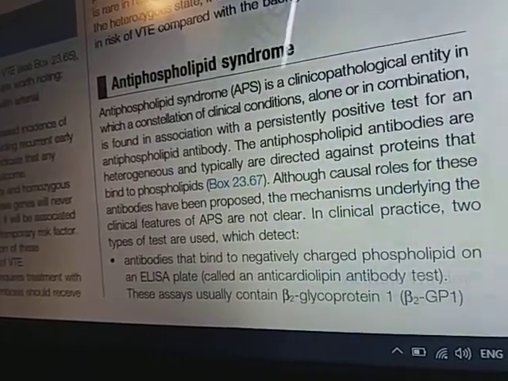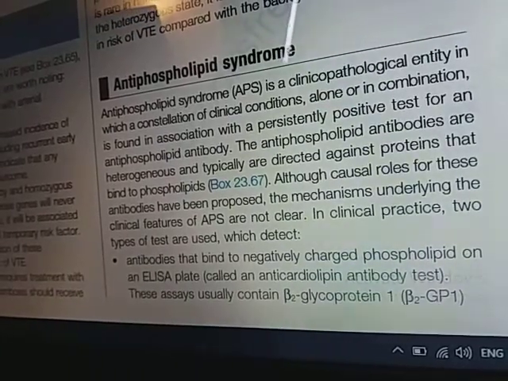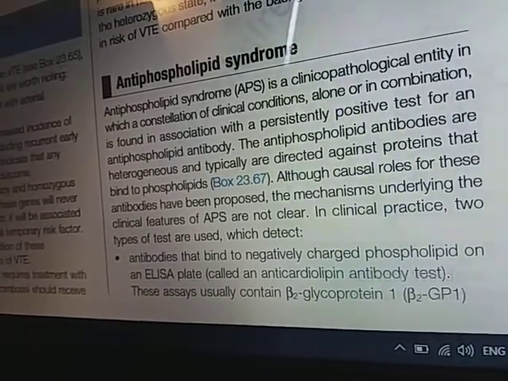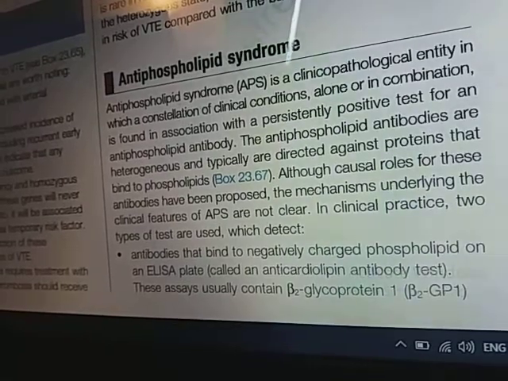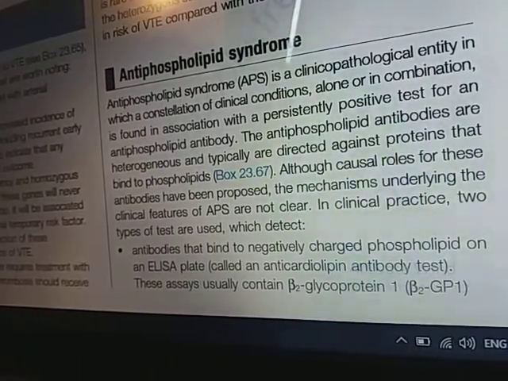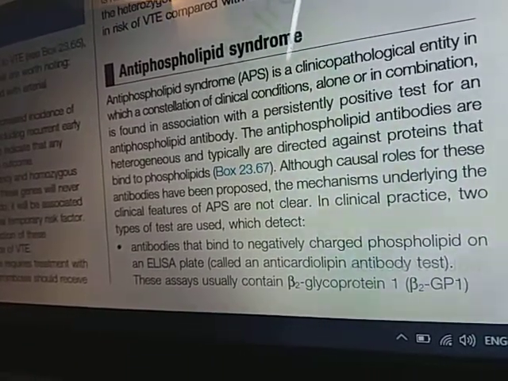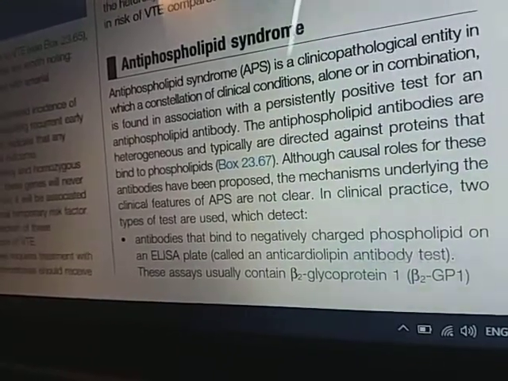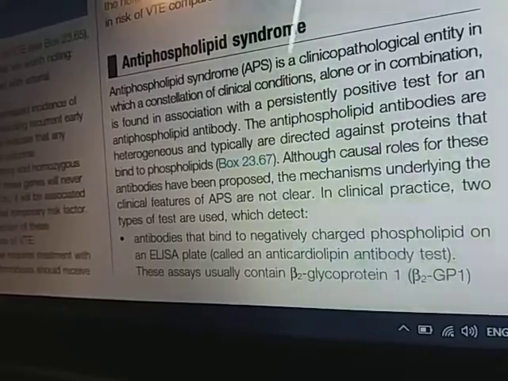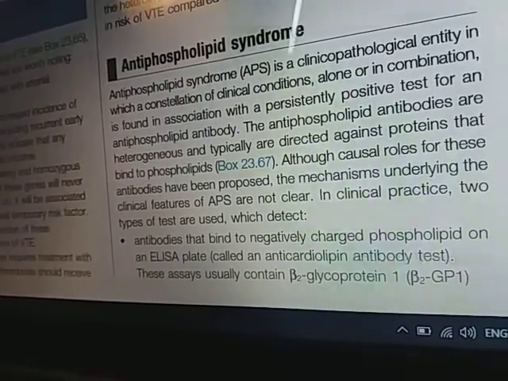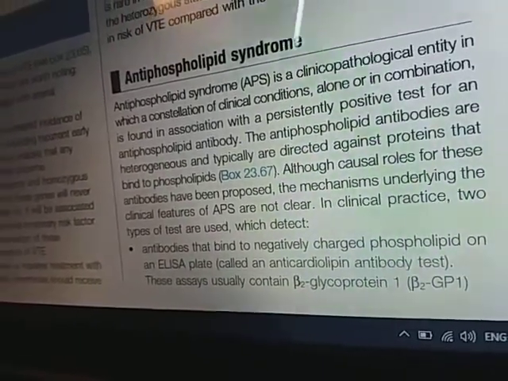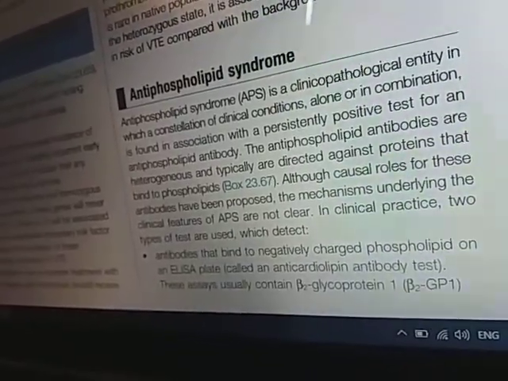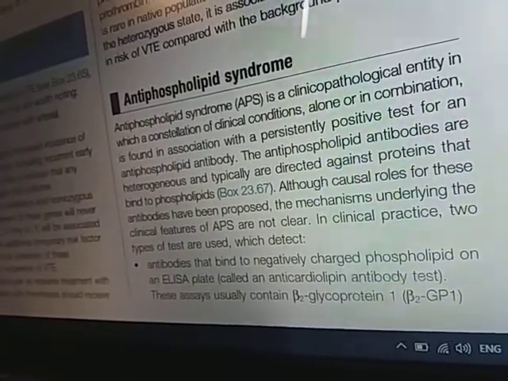So we have T-A-T-A-N, for the purpose of teaching and ease. It is the condition of repeated abortion, thrombosis, neurological findings, and anticardiolipin antibodies.